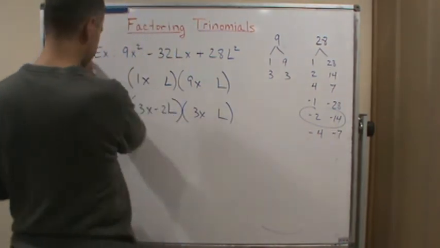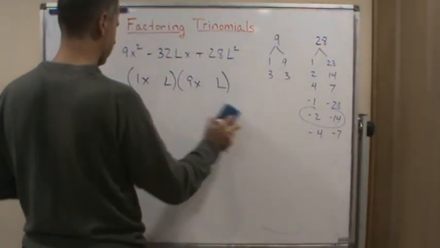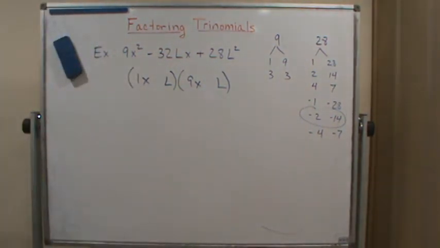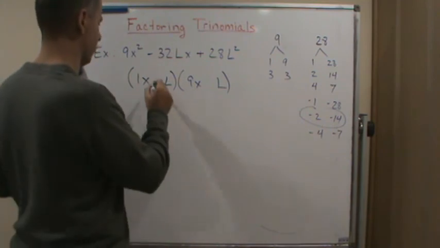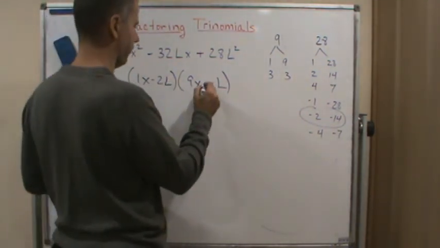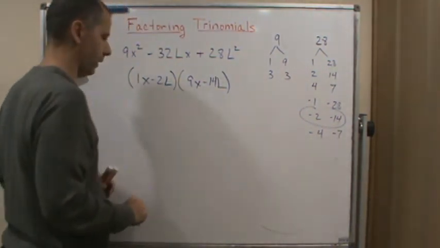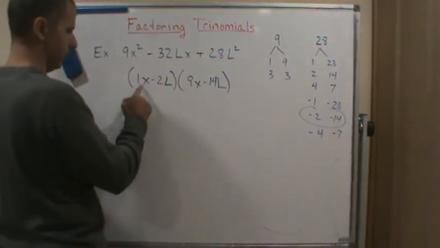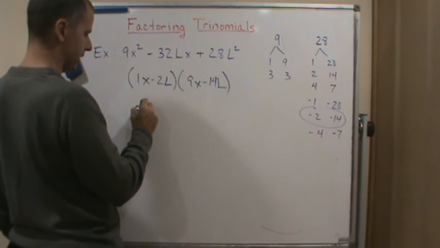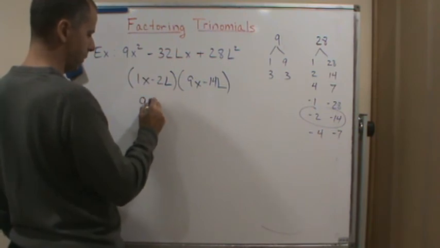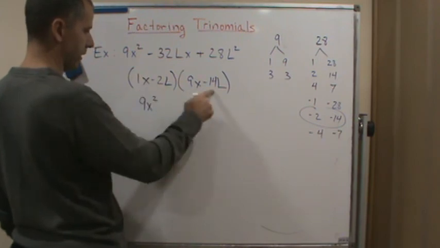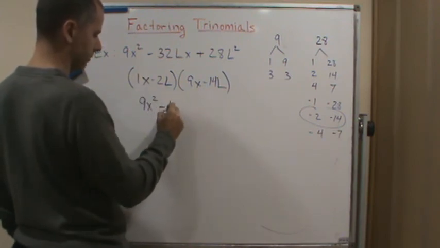Oops, wrong one. Okay. And again, verify it. 1x times 9x is 9x squared. This times this is going to give me a negative 14LX.